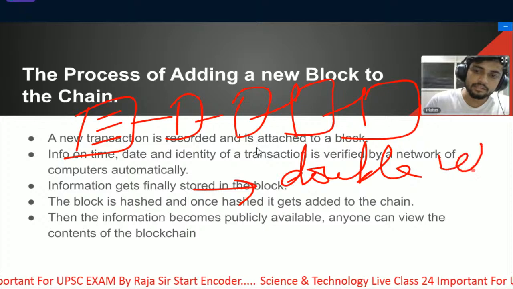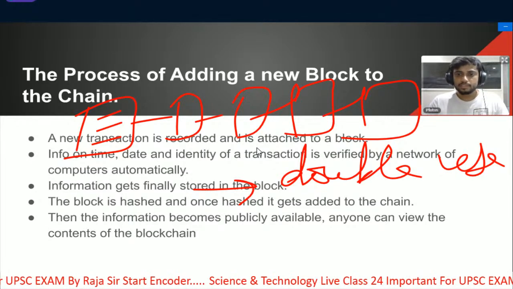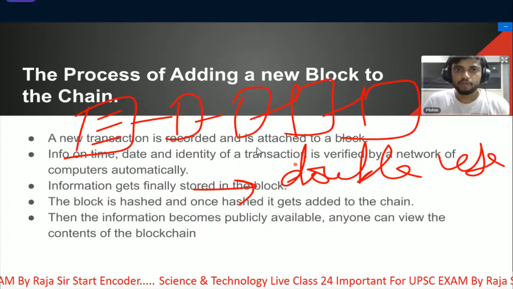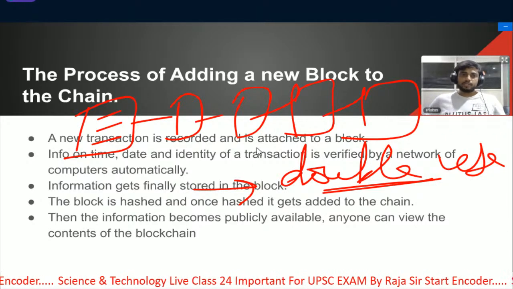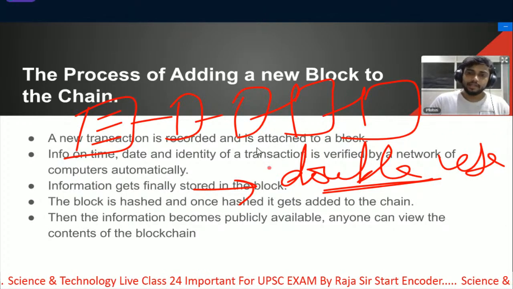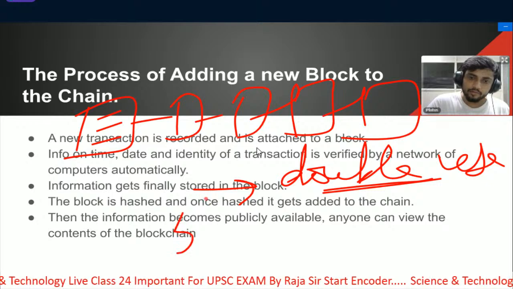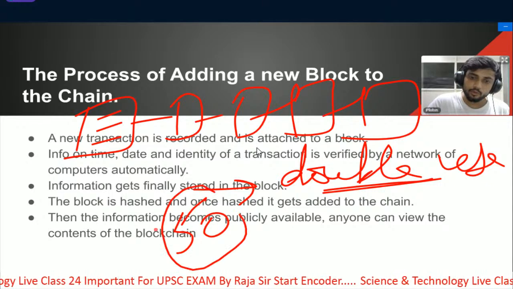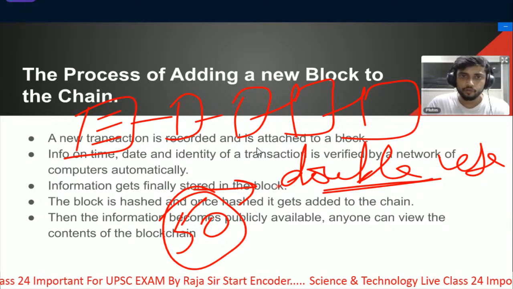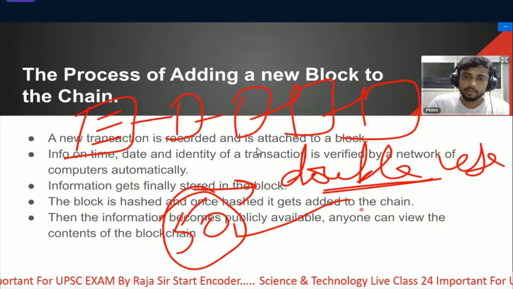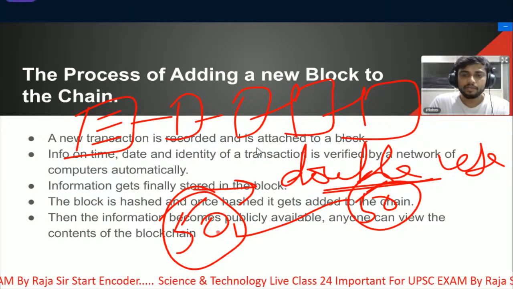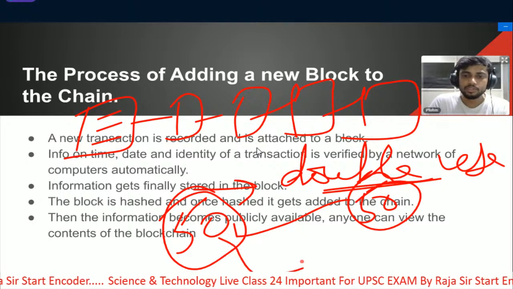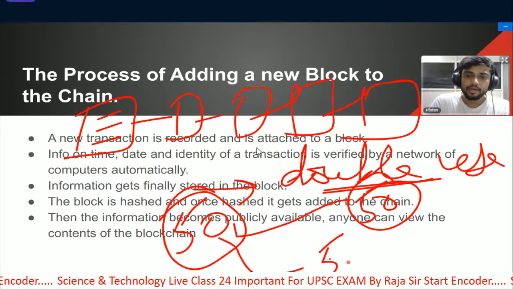The hackers, what they do is they manipulate the electronic wallets. Suppose you have 50 rupees in your digital wallet, and you have spent the 50 rupees on some product. Again, by manipulating the wallet, because this is a digital technology, you are spending it again.